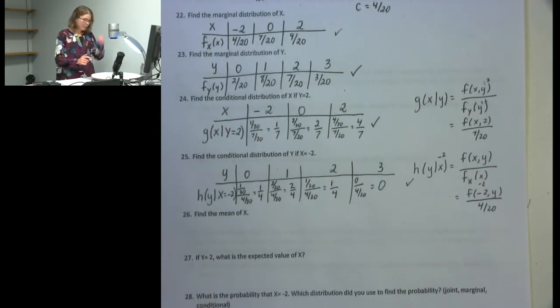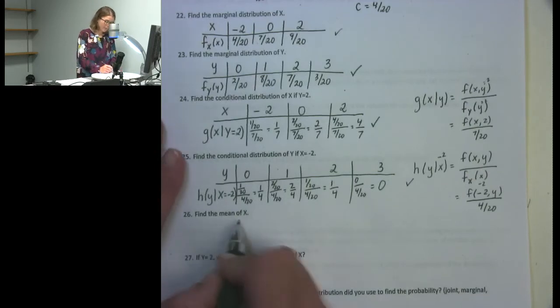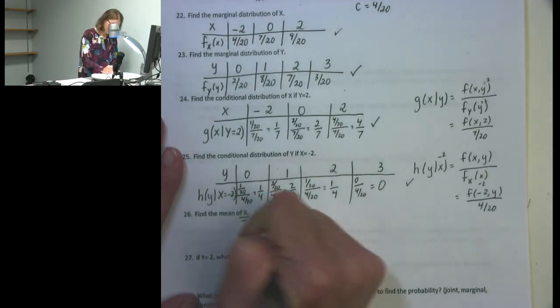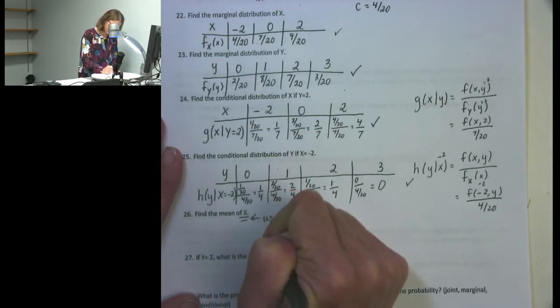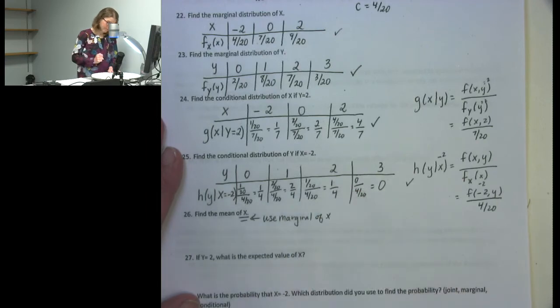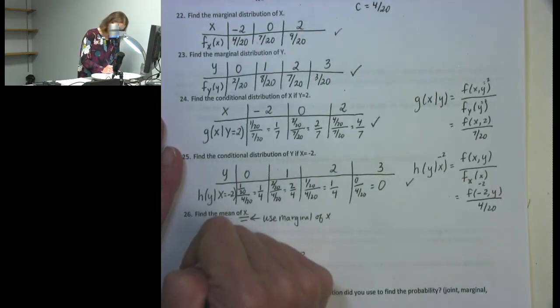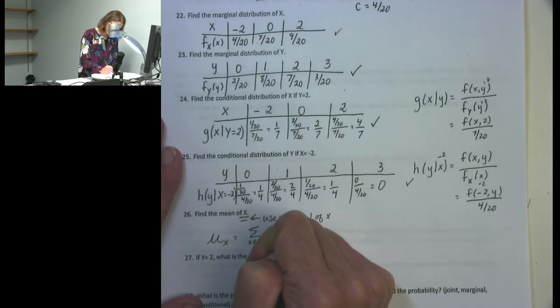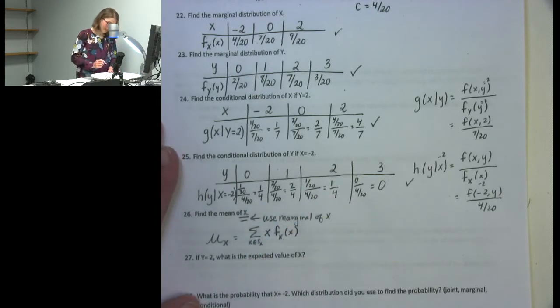Okay, so next we're going to find the mean of x. To find the mean of x, I'm only interested in x, so I'm going to use the marginal distribution of x. So the mean of x I'm going to find by adding up, for all the values in the space of x, x times the marginal probability that x takes on that value, little x.